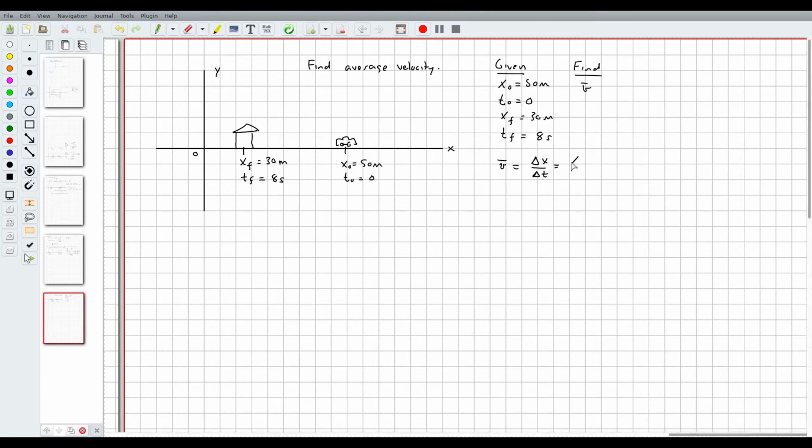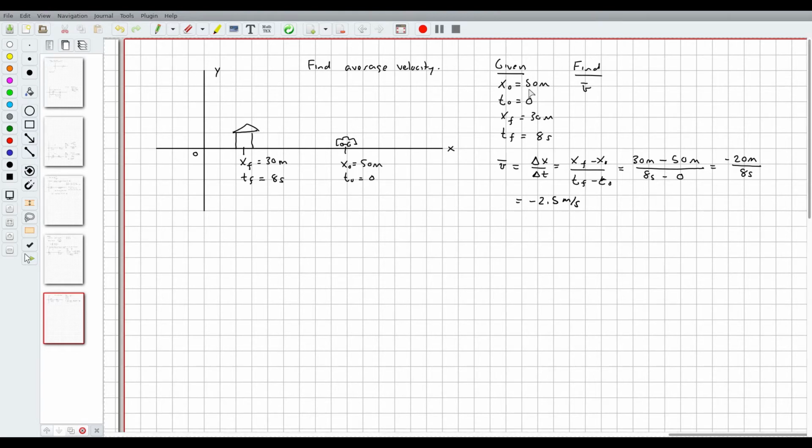So once again, if you expand this out, and you plug in what we know, you solve for it, you end up with somewhere around minus 2.5 meters per second.